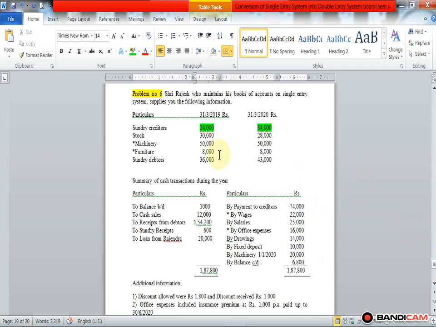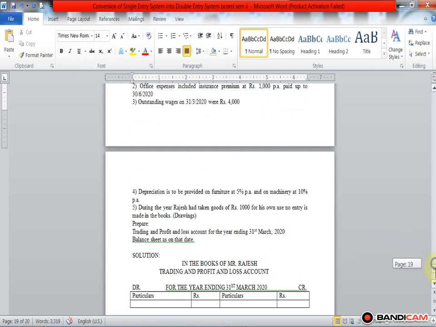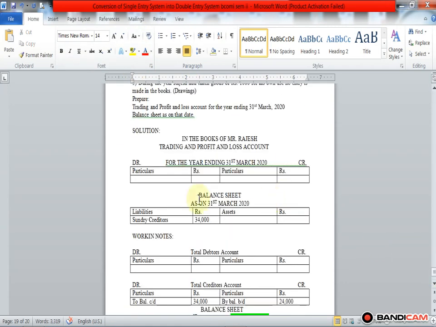So first of all we transfer opening stock. Opening stock is 30,000.